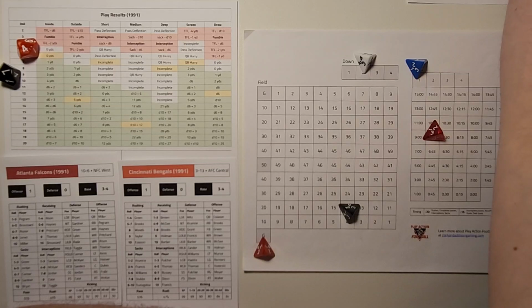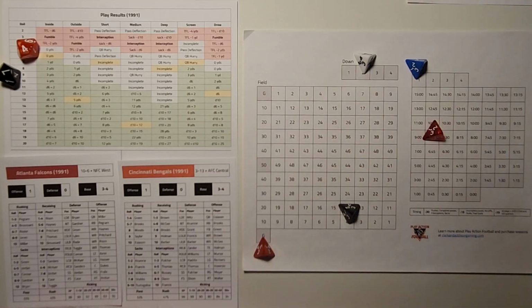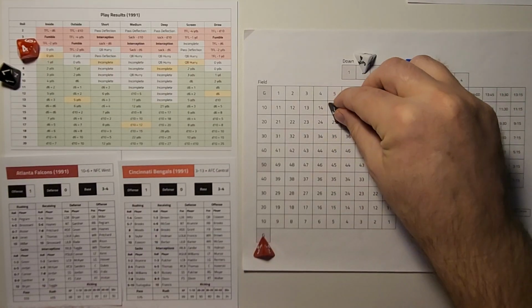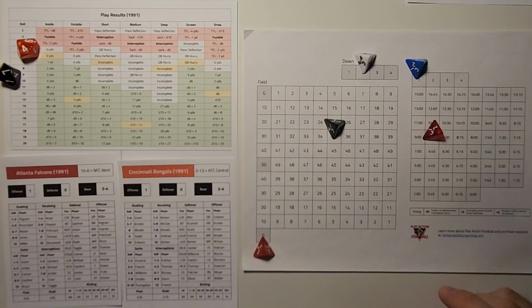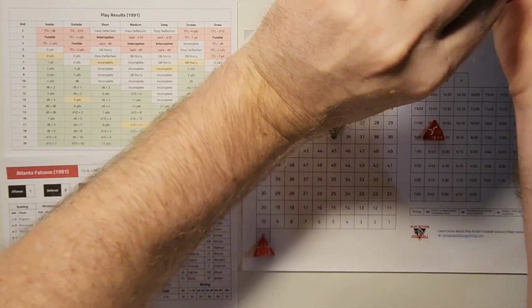And Atlanta takes a 7-0 lead early in this one. Nice drive down the field for Jim Miller and the Falcons.